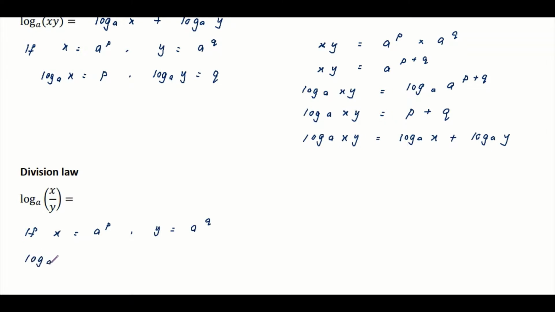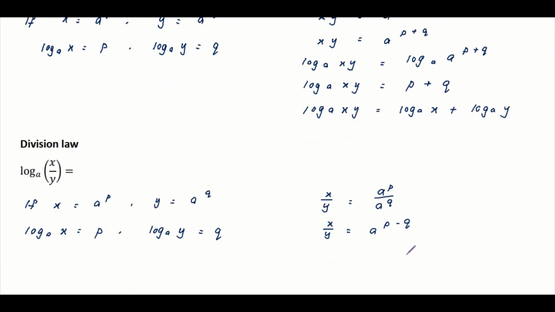So log base a of x gives me P, and log_a y gives me Q. Now it's divide, right? So x divided by y gives me a^P divided by a^Q, so x over y gives me a^(P-Q).